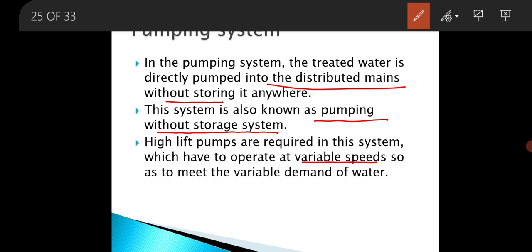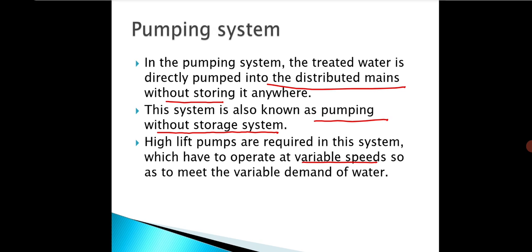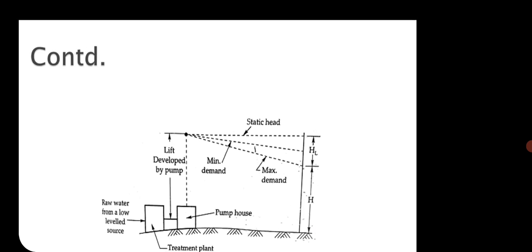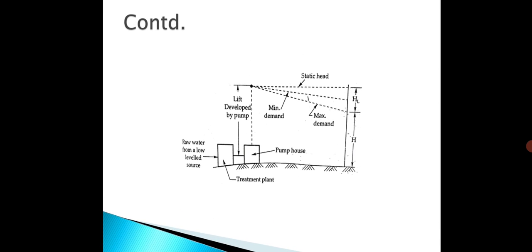Thus, in pumping system, it requires continuous attendance at the pumping station so as to ensure the desired flow in the distribution system. So this one is the pumping system for water distribution.